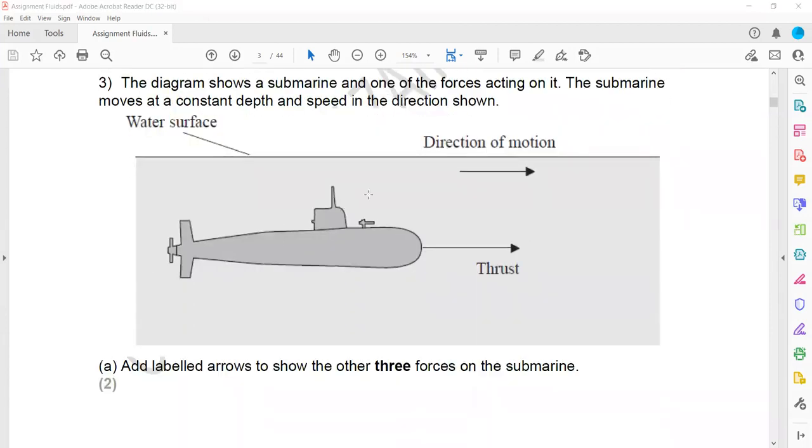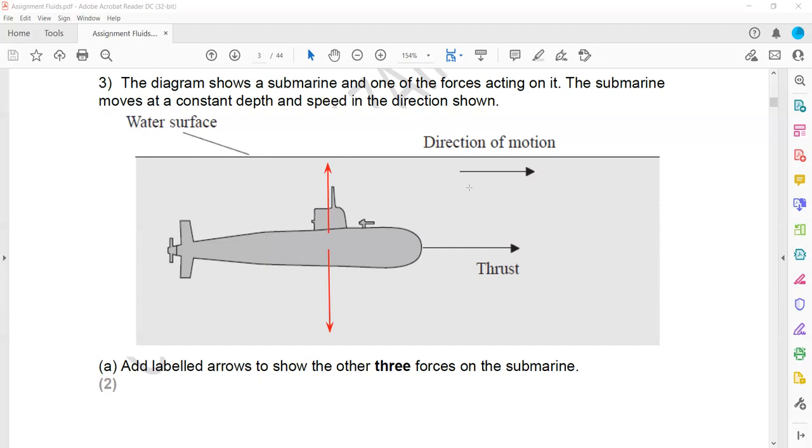In question 3, the diagram shows a submarine and one of the forces acting on it. The submarine moves at a constant depth and a constant speed in the direction shown. Add a labelled diagram to show the three forces. So there will be a weight of the submarine acting down, and that is balanced with the upthrust acting up, and the length of the arrow shows the magnitude of the force because they mentioned it is at a constant depth and speed.